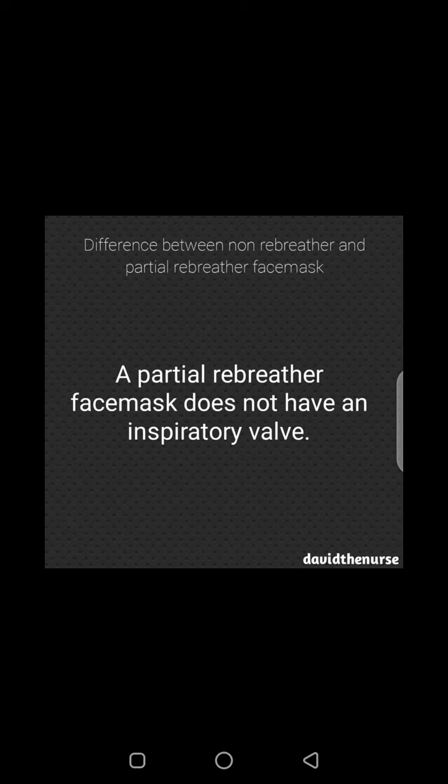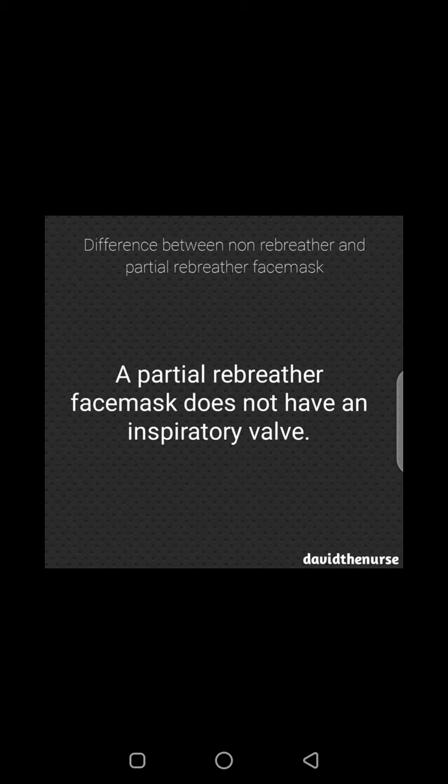A partial rebreather face mask does not have an inspiratory valve. And you know the implication of that. I explained initially that inspiratory valves only open when the patient inspires and close when the patient expires, so CO2 cannot enter the reservoir bag.